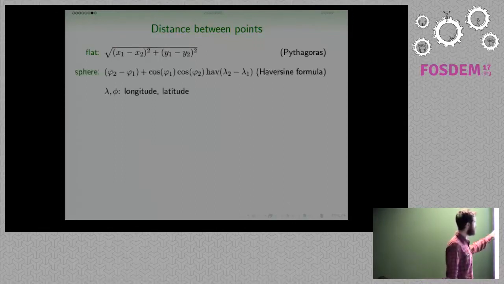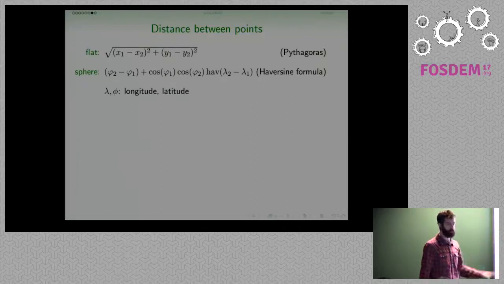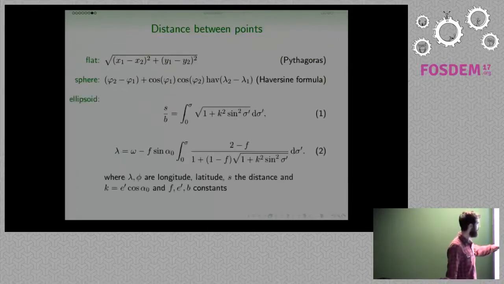Then for sphere, okay, again maybe high level, not primary school but high school, we again have a closed formula. It's easy to implement. It uses some trigonometric functions, and then when we are in the ellipsoid, there is no closed formula.